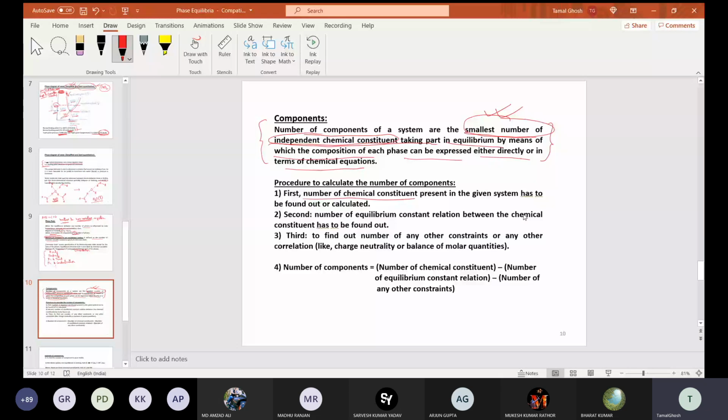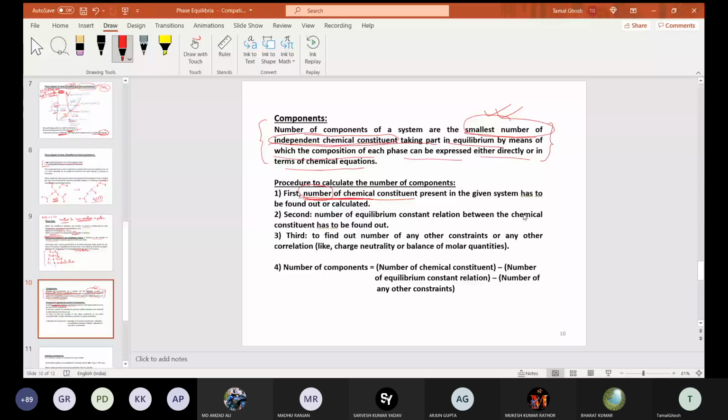That number you have to find out first, and then you have to see the number of equilibrium constant relations that it is possible to write correlating those chemical constituents.